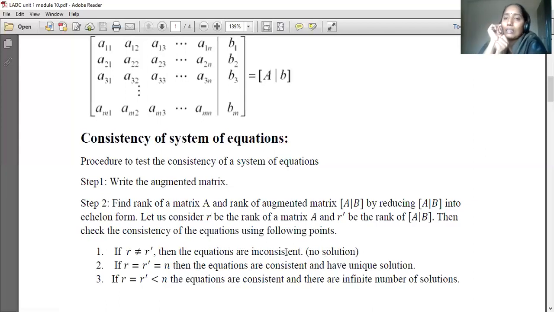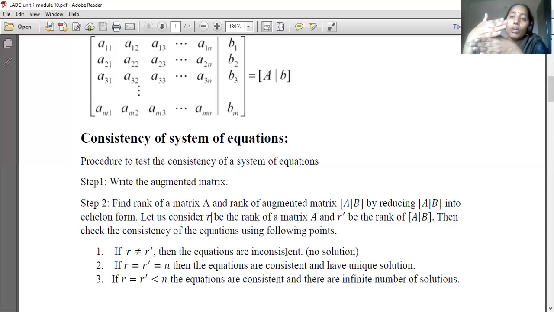Here solution is nothing but at how many points those planes are intersecting each other. Parallel means there is no intersecting point. That means no solution. If we consider this one as a plane and this one as another plane, and both are intersecting like this, then how many intersecting points exist here?